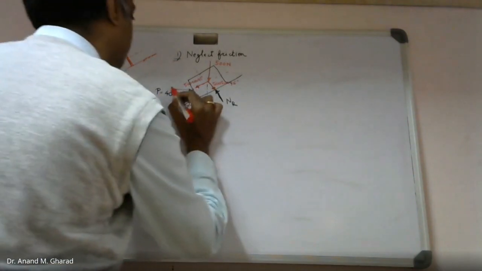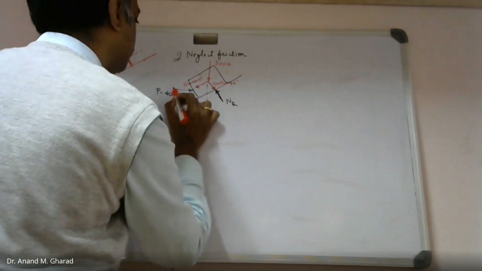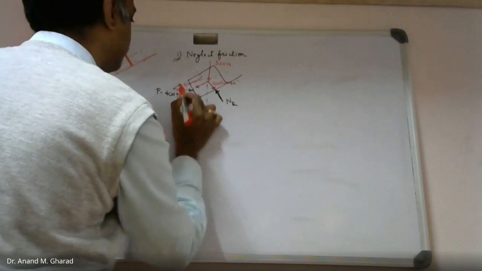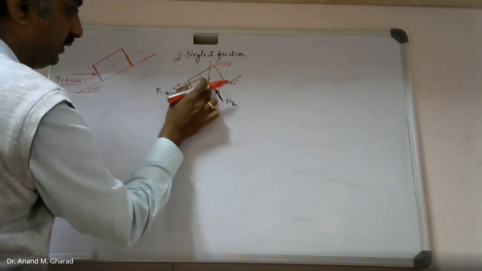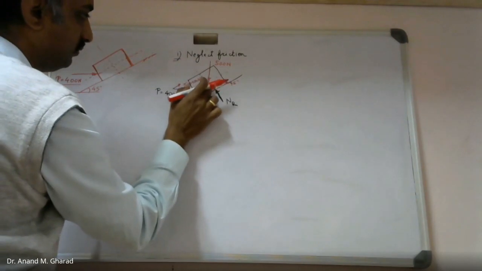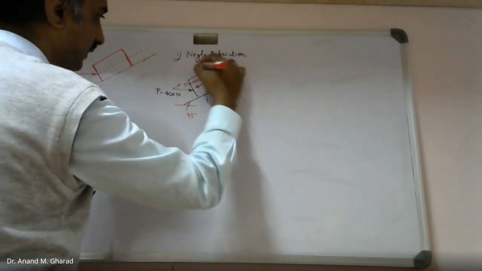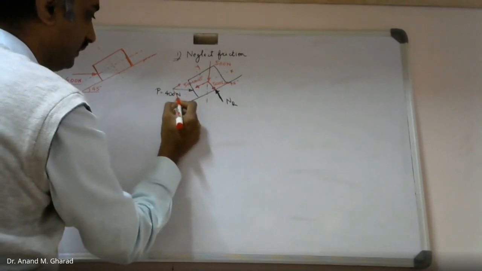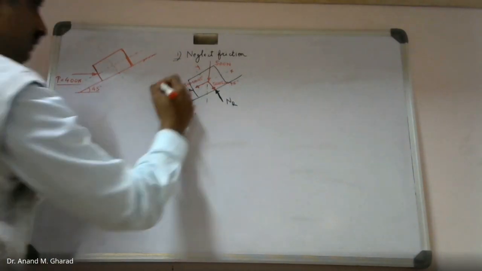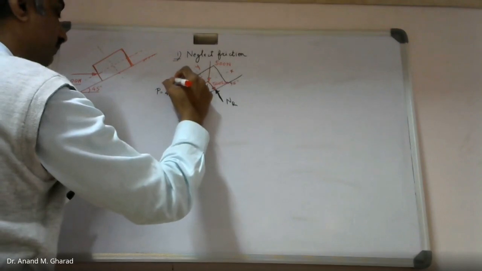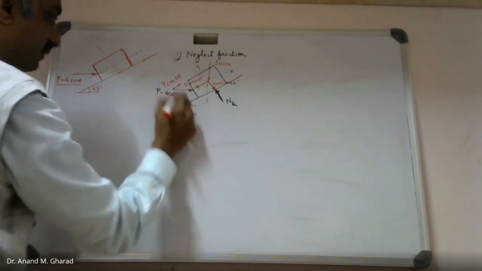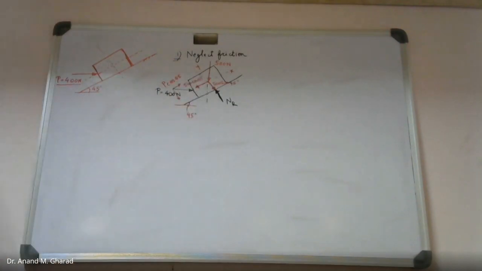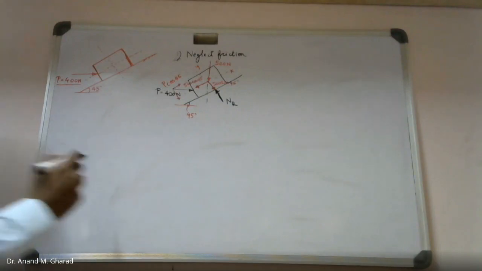Similarly, we need to resolve this inclined force. In coordination with these axes, x and y, this is an inclined force, and therefore it will again have its own components. So this will be P cos 45 and this will be P sin 45. Am I right?